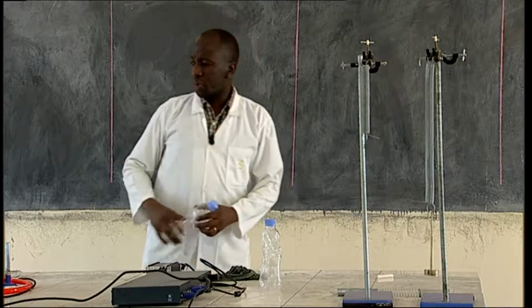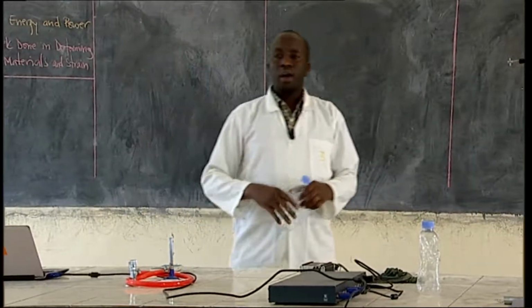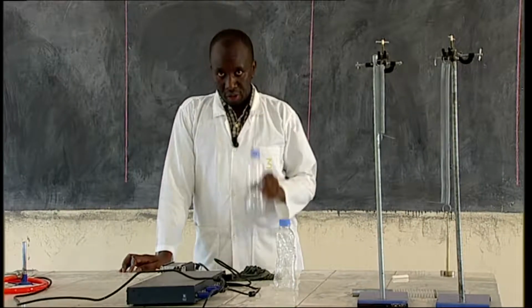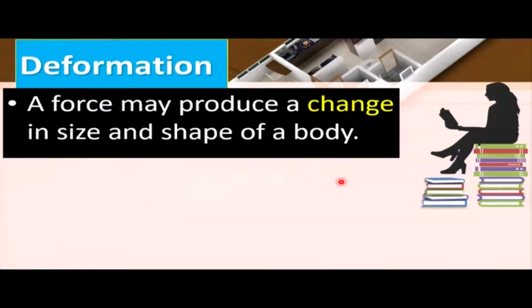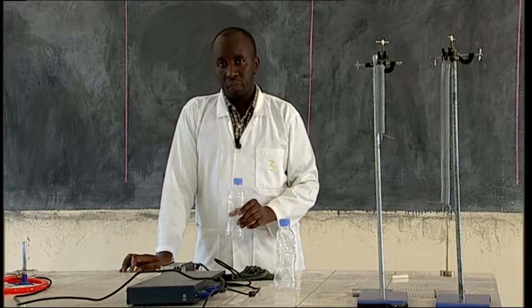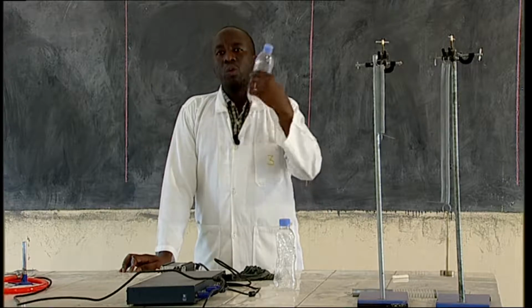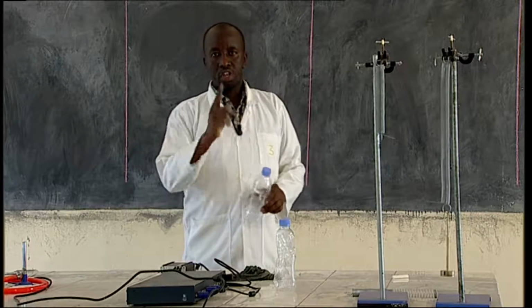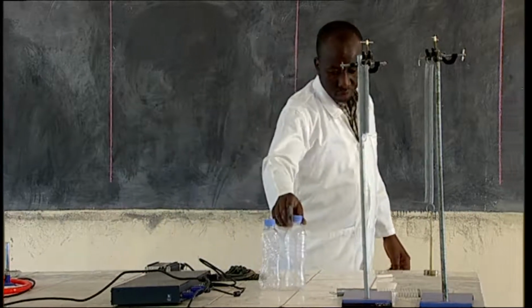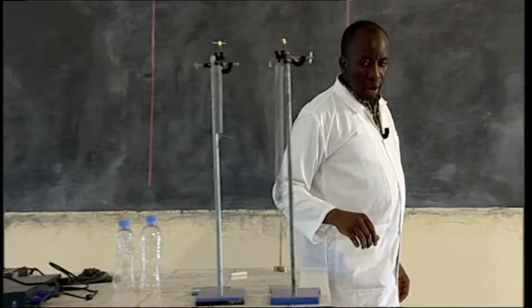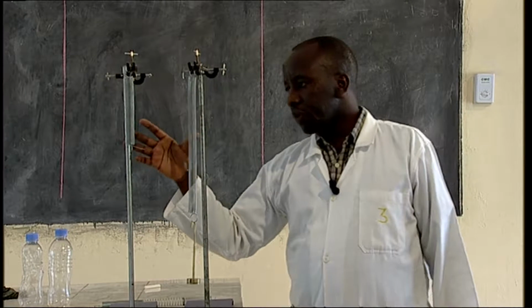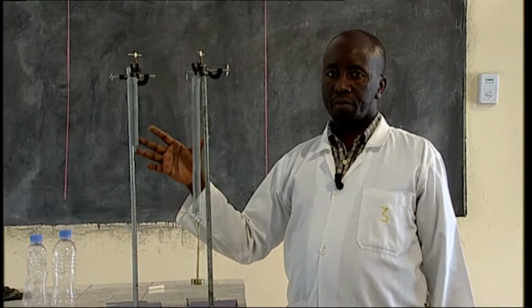Okay, students, what we are saying here is that force may produce a change in size and shape of the body, and this time we say there is a deformation. Deformation occurs when the force applied on the material, on the body, changes the size and the shape of that body or that material.